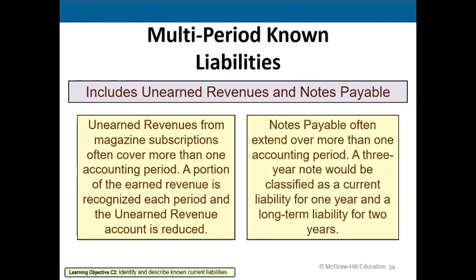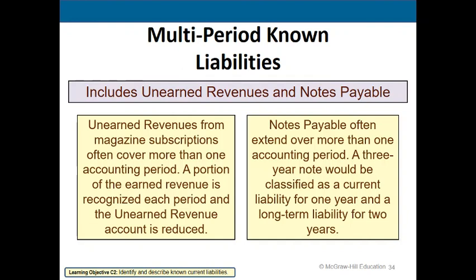Sometimes you have multi-period known liabilities. Again, an example would be unearned revenues or notes payable. Unearned revenues from magazine subscriptions would be a situation where they prepay for more than one period. Let's say two years prepayment.